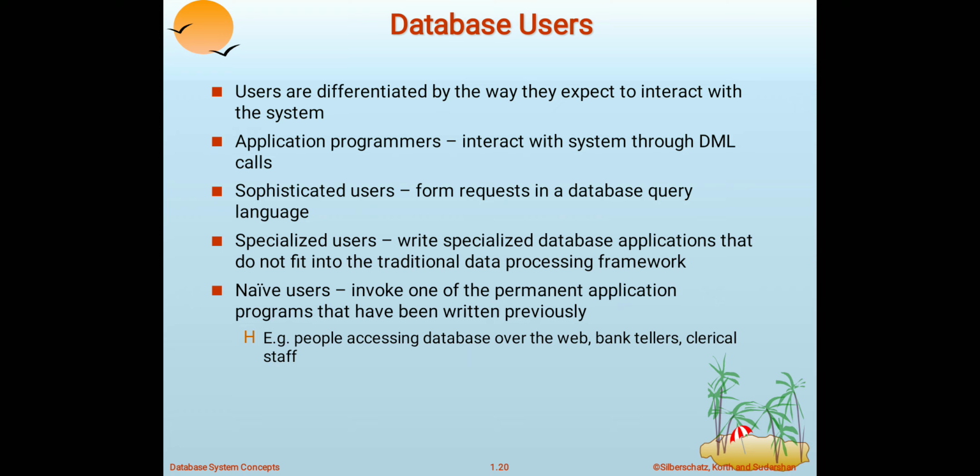Specialized users write specialized database applications that do not fit into the traditional data processing framework. Naive users invoke one of the permanent application programs that have been written previously. For example, people who access the database over the web, bank tellers, and clerical staff.